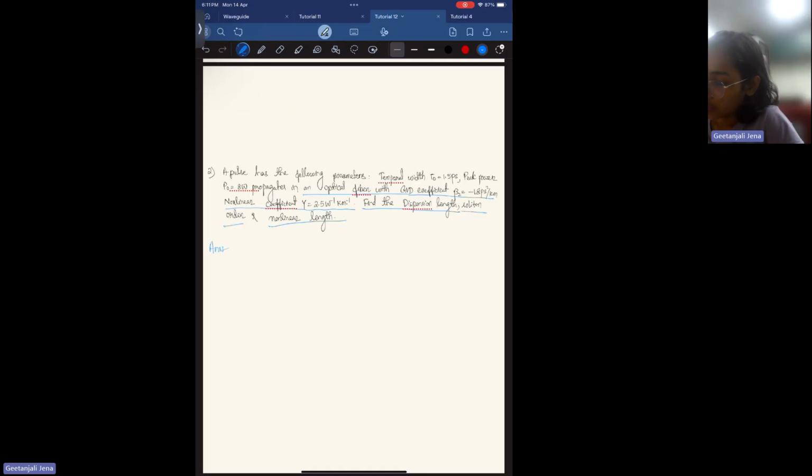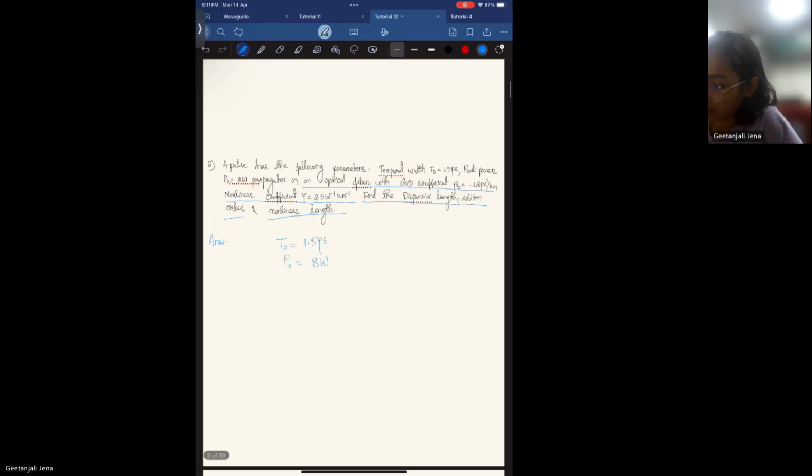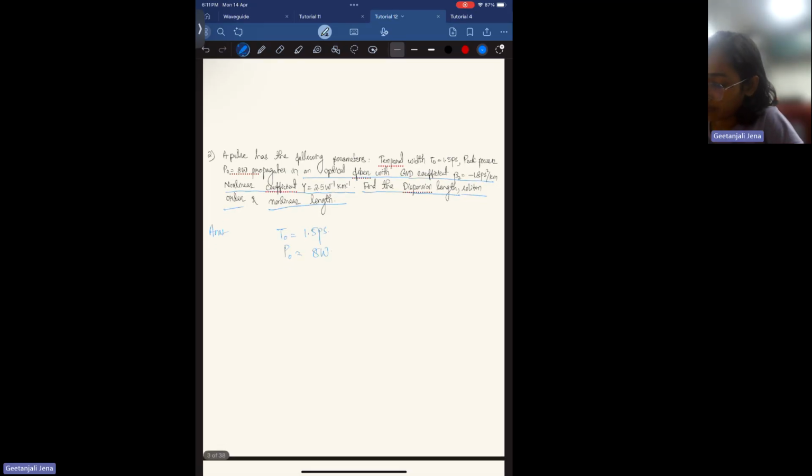For this fiber, we are given that the pulse width is 1.5 picoseconds, peak power is 8 watt, and it propagates in an optical fiber with GVD coefficient beta 2 of minus 18 picosecond square per kilometer.